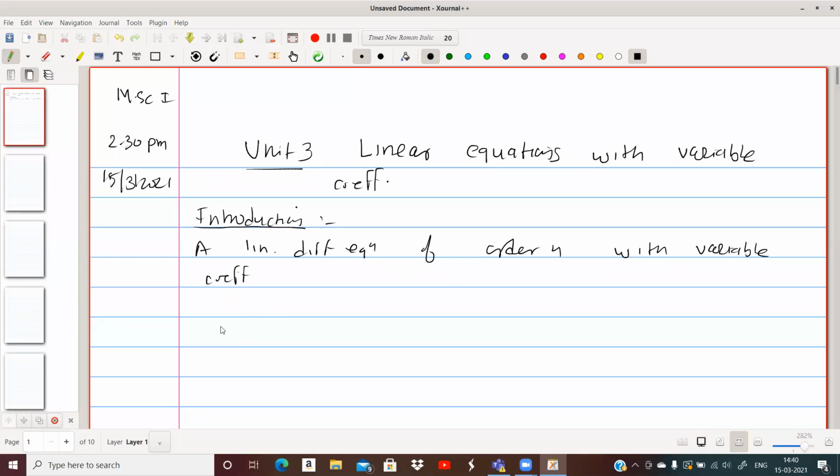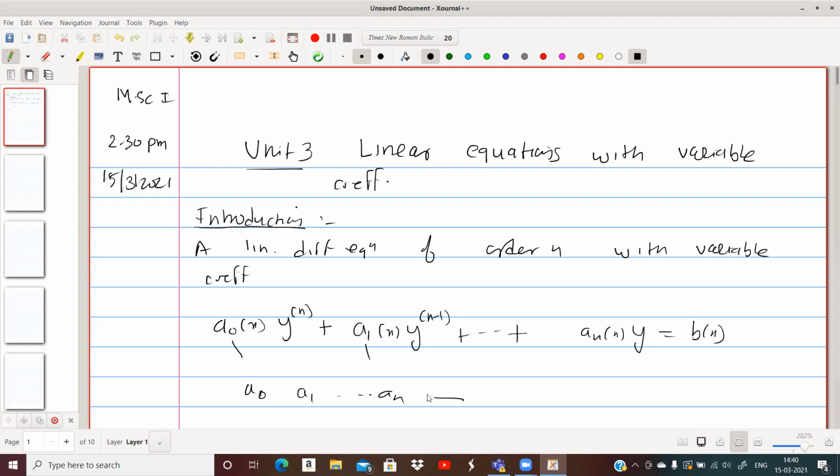I'm writing that equation directly. Whatever the coefficients, they are constants or functions of x. So a0(x) times the nth derivative of y, a1(x) times the (n minus 1)th derivative, and so on, last a_n(x) times y itself, and the right hand side b(x). If the right hand side is 0, then you can call it a homogeneous differential equation. Here a0, a1, ..., an, including b, are functions of x only.